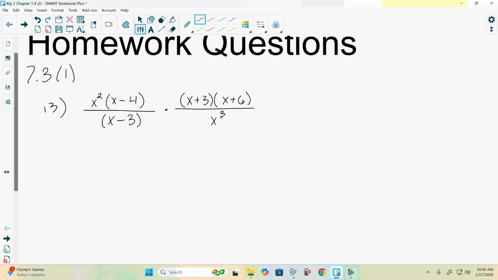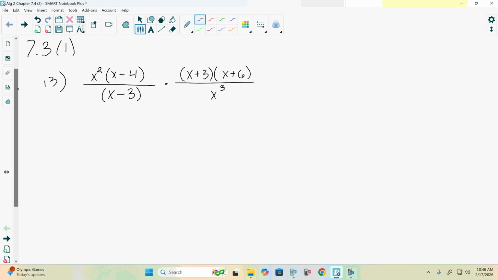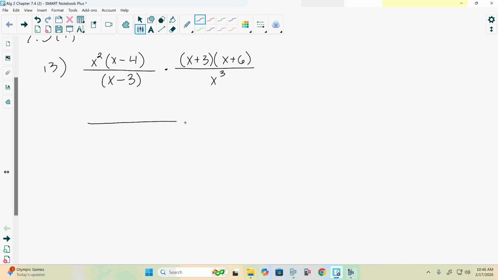luckily for us here, they did most of the factoring already, because we don't have any quadratics. Guys, focus in. We don't have any quadratics or anything that we need to factor, because everything on top and bottom of both fractions is already factored. So we can go on and multiply together.